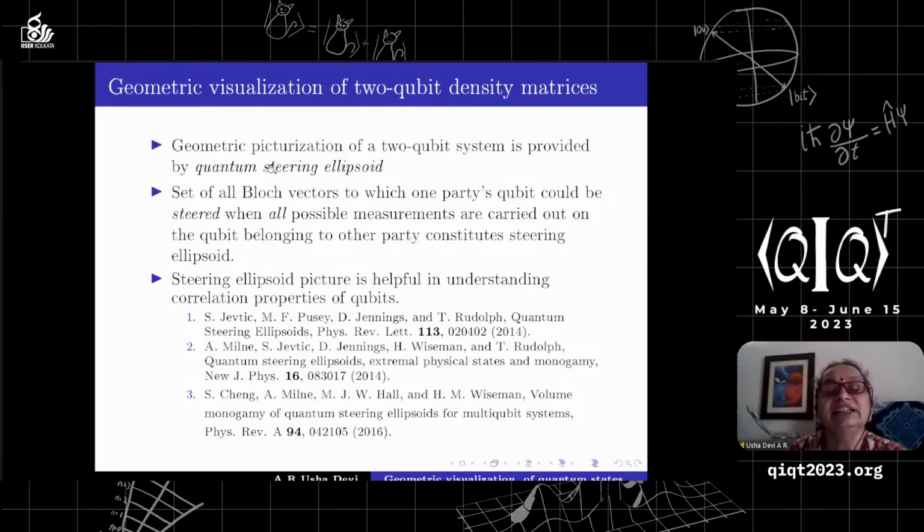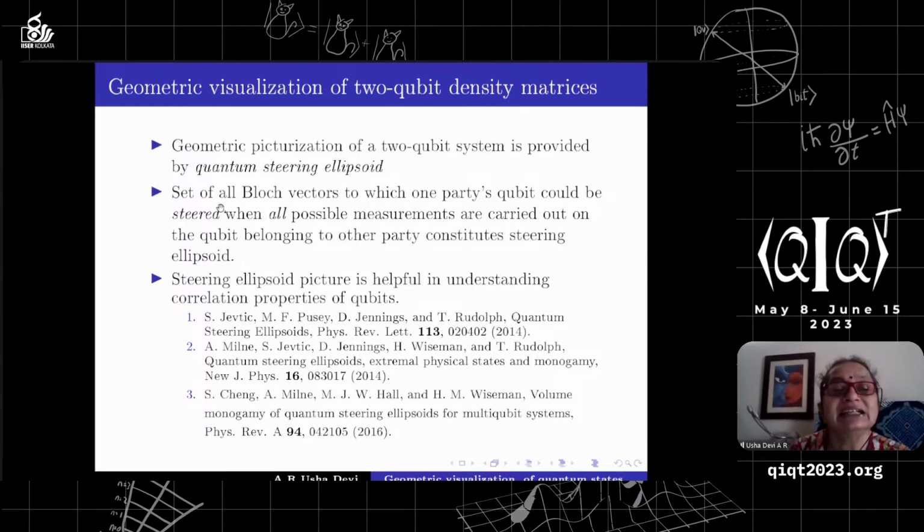What is known to us is that a geometric picturization of the two qubit system has been provided by the quantum steering ellipsoid in 2014. Earlier discussions were there, but this kind of a picture gives you a density matrix mapped onto an ellipsoid inside the Bloch sphere. What is a steering ellipsoid?